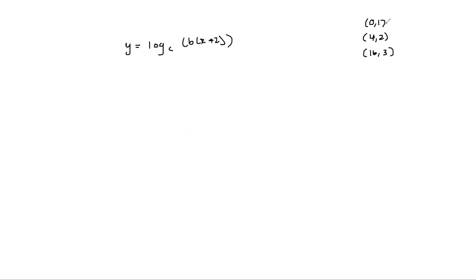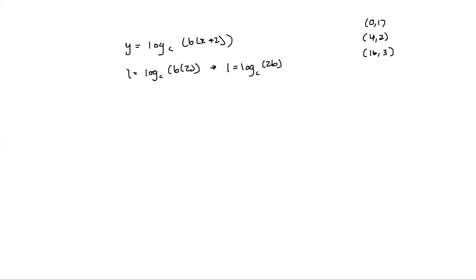Suppose I use (0, 1) as a point. So the value of y would be 1, and the value of x would be 0. I'm just plugging in these values. So technically I would be left with 2 here. Let me rewrite this: 1 is equal to log c of 2b.